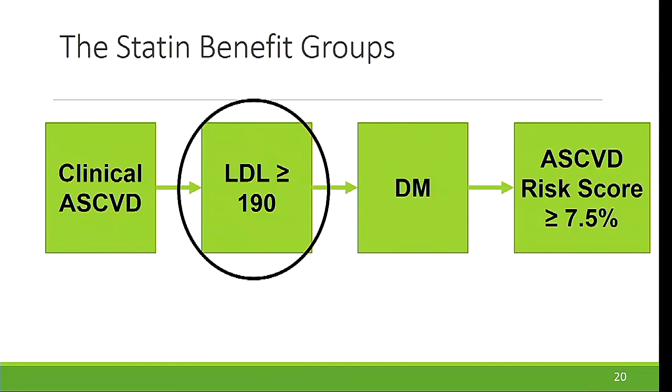I'm going to hit it multiple times because it is important. It's a progressional line, like a flow chart. Once you're in one benefit group, you don't progress into a different one. So if you've got a patient with an LDL of 210 who's had a heart attack or a stroke in the past, they're in the clinical ASCVD group, not the LDL over 190 group.